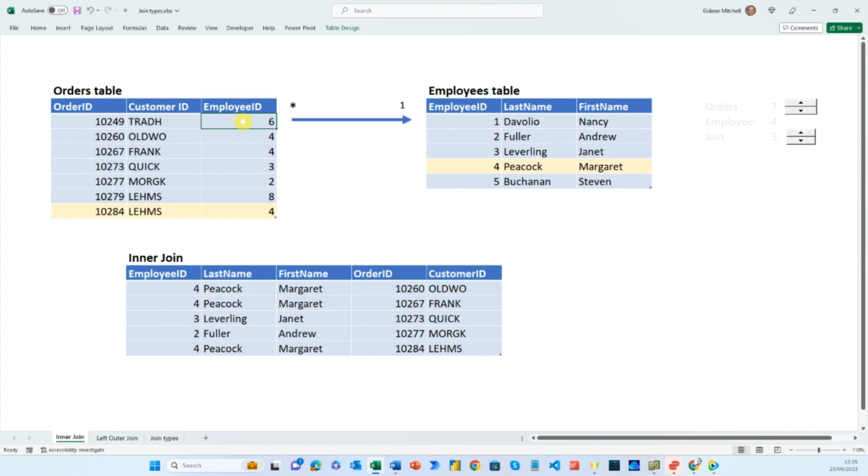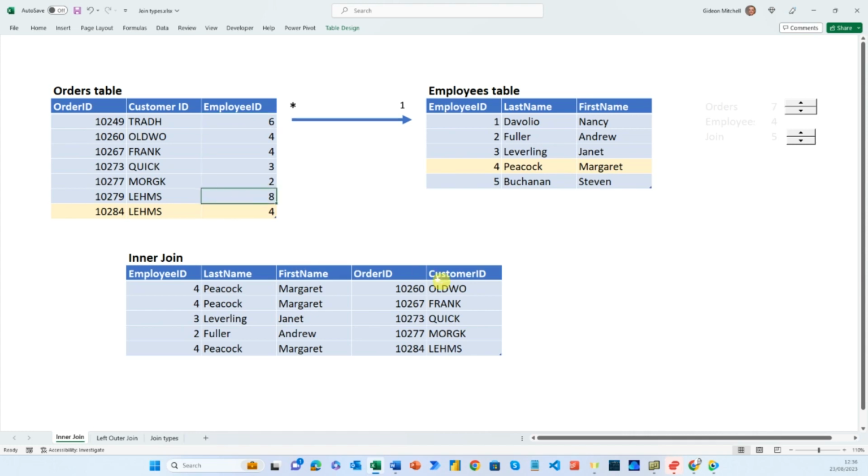But if we have a record with an employee ID of 6, what that means is that we have a website where people can purchase our goods, and so those records don't go through any particular employee. And when the sale is made direct from the website, we just put in an employee ID of 6 just to tell us that that came from the website, not from the employee.